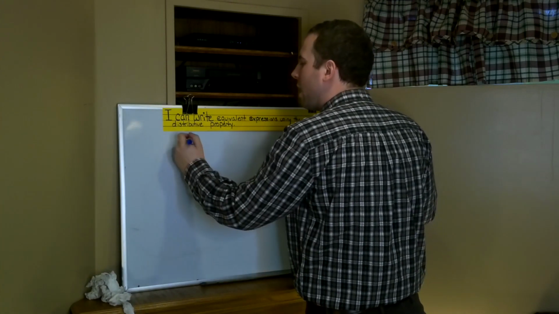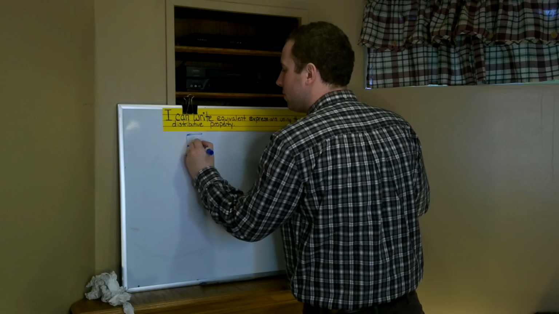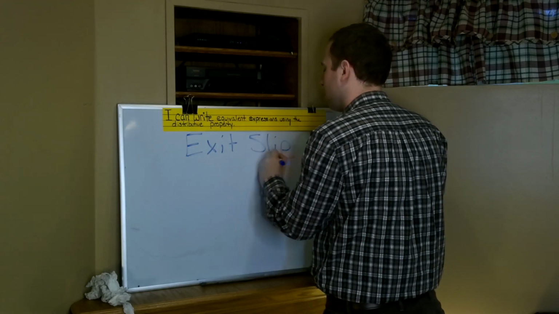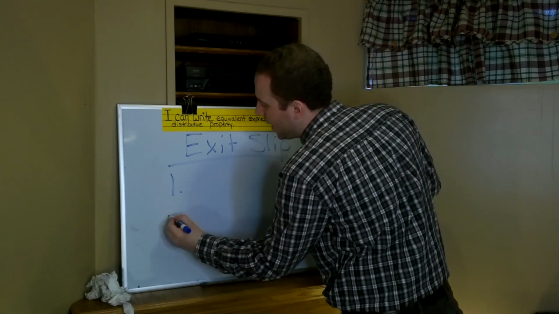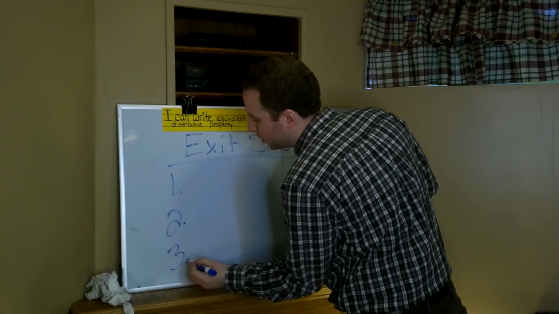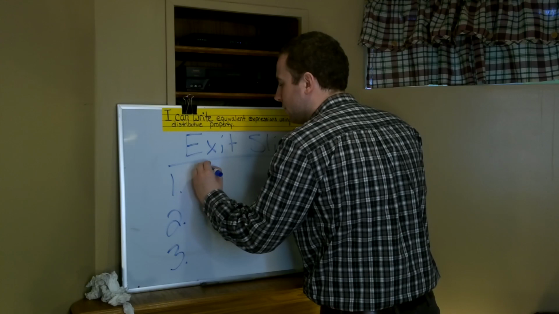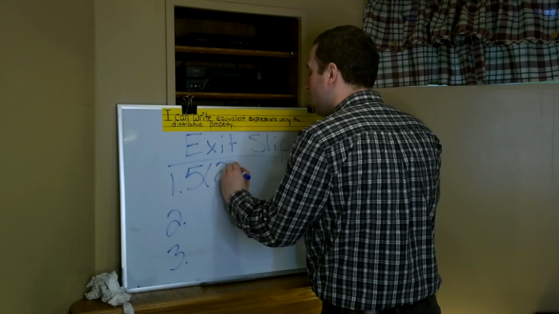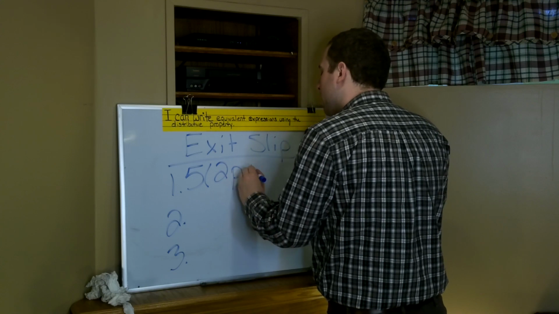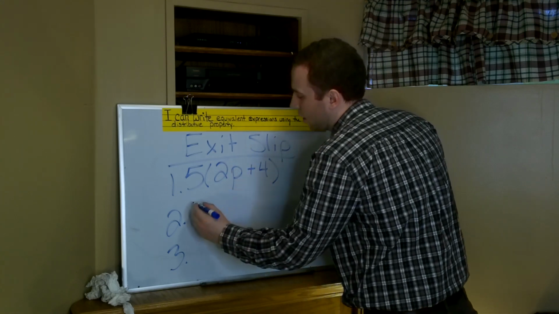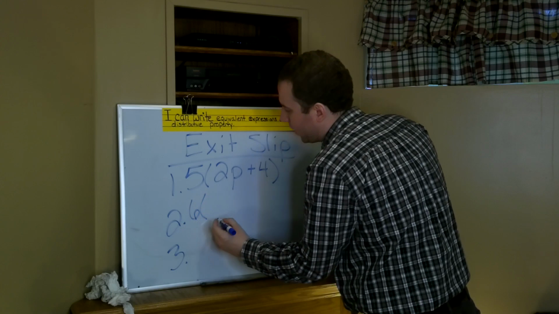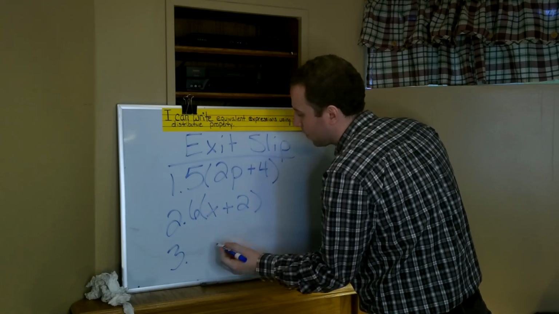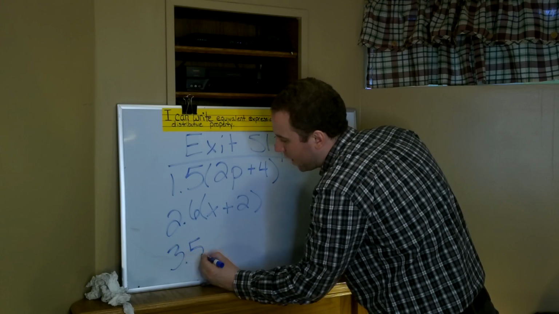Go ahead now, copy down your exit slip, please. Go ahead and give me equivalent expressions for these 3 problems. 5 parentheses 2p plus 4, 6 parentheses x plus 2, and let's do 5.